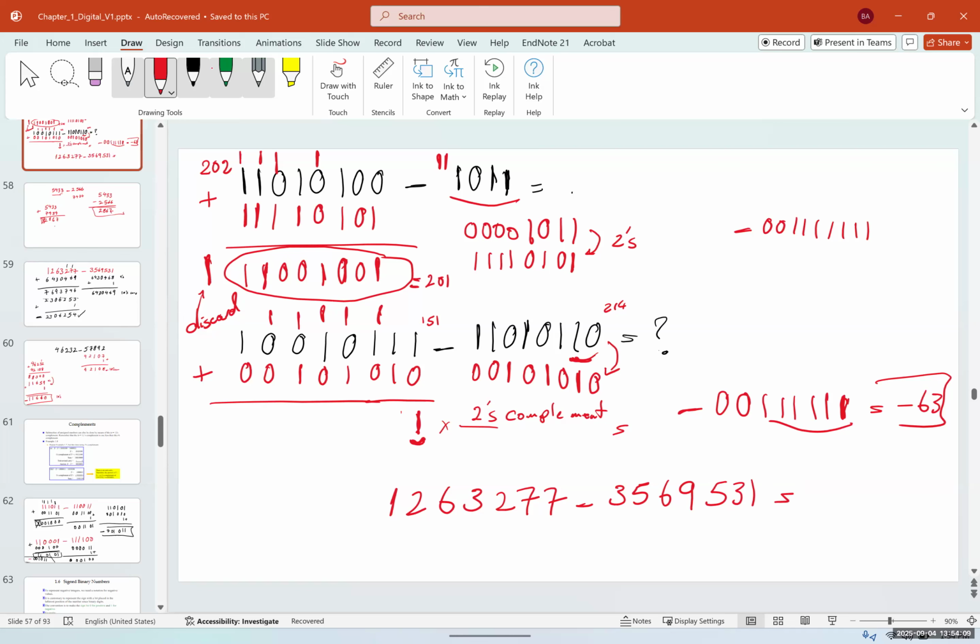So 1,263,277 minus 3,569,531. I want you to solve this using the tens complement. First find the tens complement of the second number, then add the first number to the tens complement.